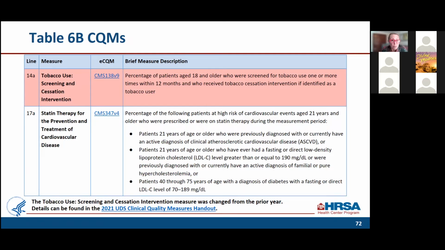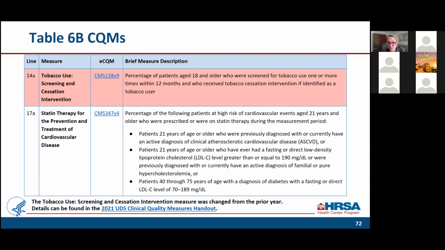The statin therapy for the prevention and treatment of cardiovascular disease reported on line 17A of 6B measures the percentage of patients defined by the measure at high risk of cardiovascular events, age 21 years and older, who were prescribed or were on statin therapy during the measurement period.